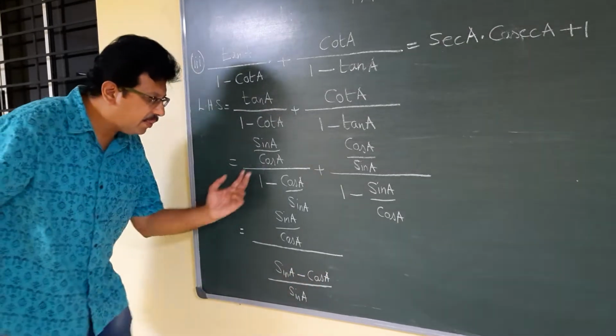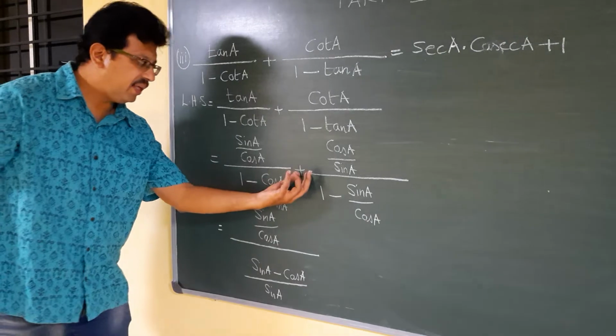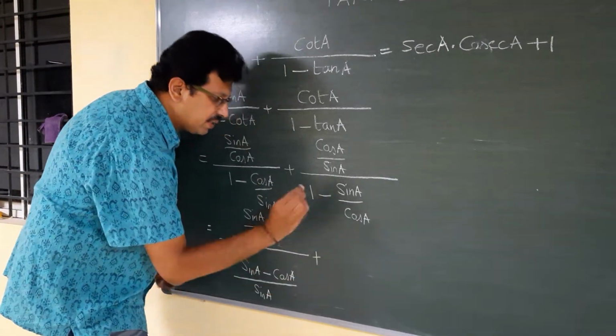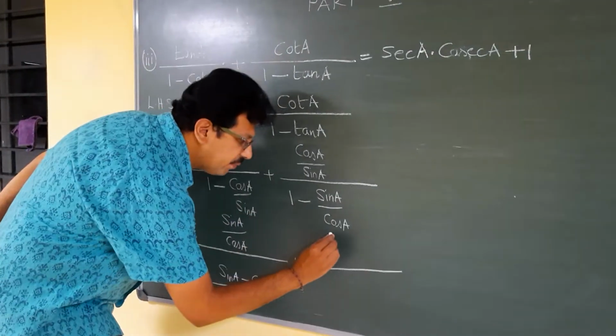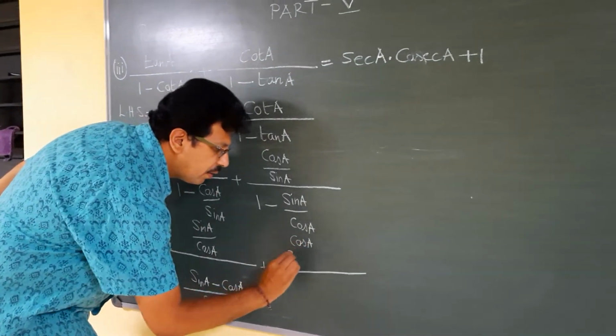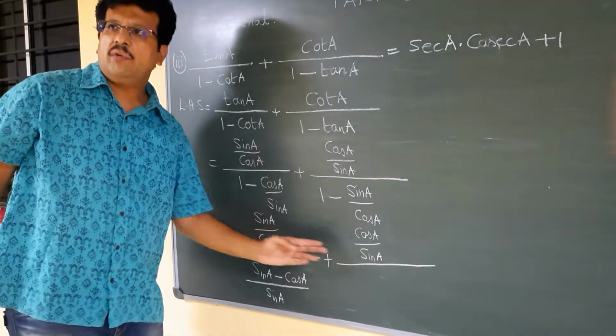So I have taken LCM for the denominator part, that is sin A minus cos A by sin A, and plus sign is there, so I will write plus. The numerator will be written as it is, cos A by sin A, and in the denominator part we have to take LCM.